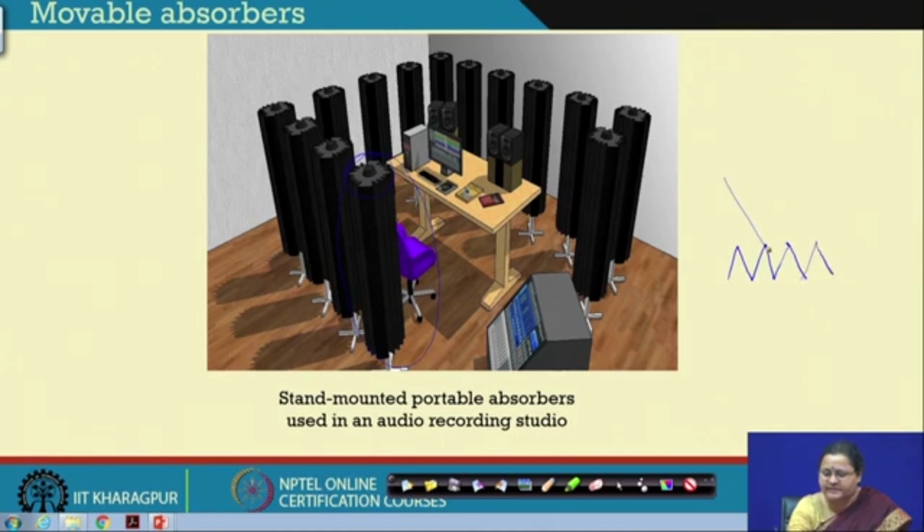When the sound comes here and hits it, it totally gets into it and dies down. So, there is not at all any reverberative sound coming out, it is dying inside. You can see the wedge kind of arrangement for these movable absorbers, and this is how these movable absorbers can be brought into a recording environment and made use of effectively.